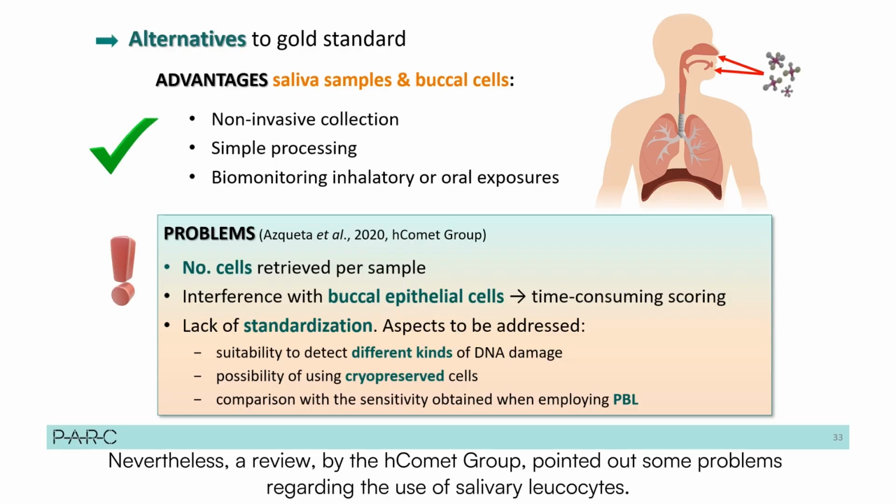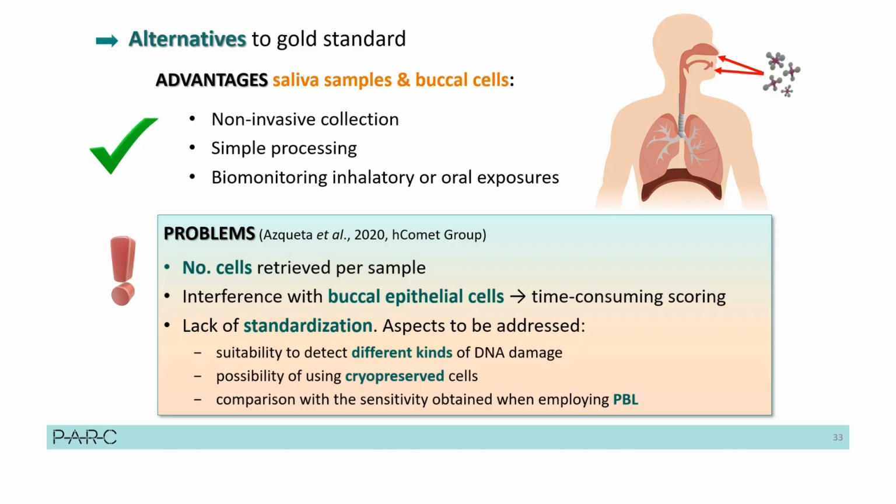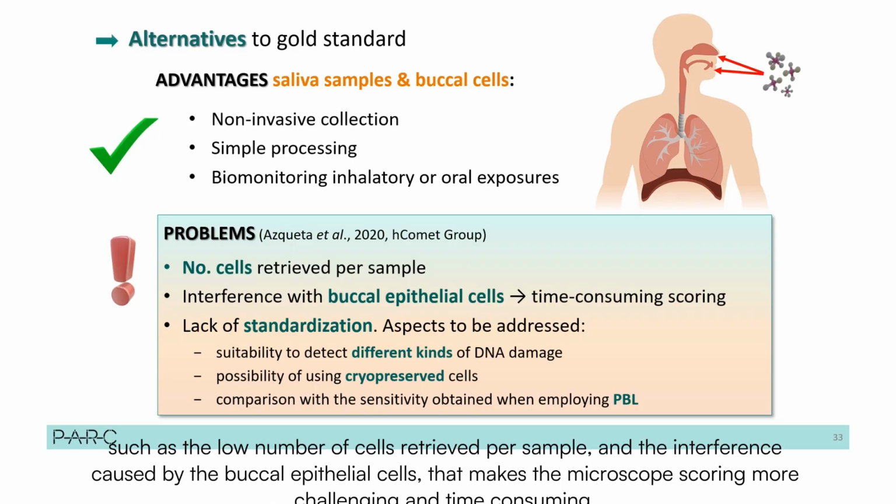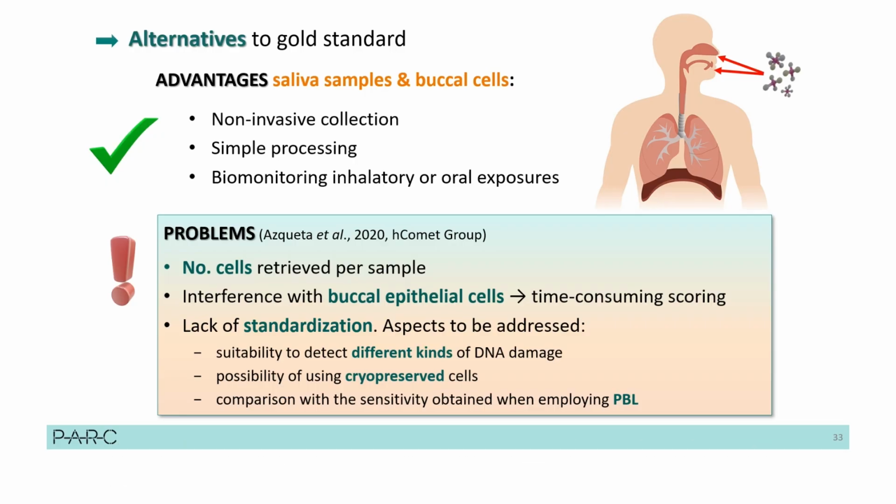Nevertheless, a review by the challenge-comet group pointed out some problems regarding the use of salivary leukocytes, such as the low number of cells retrieved per sample and the interference caused by the buccal epithelial cells that makes the microscope scoring more challenging and time-consuming.